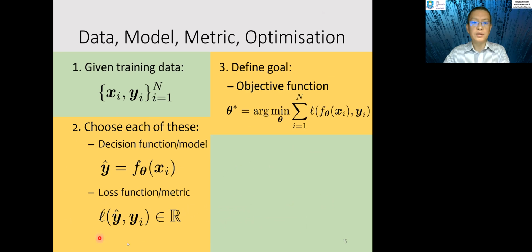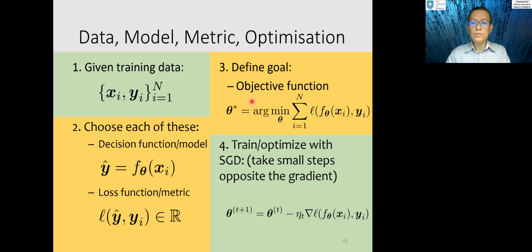After having the decision function and the loss function, we define a goal, which gives us the objective function to optimize our model parameter theta. To obtain the best estimate of theta, we need to train or optimize our model using some optimization method, such as stochastic gradient descent.